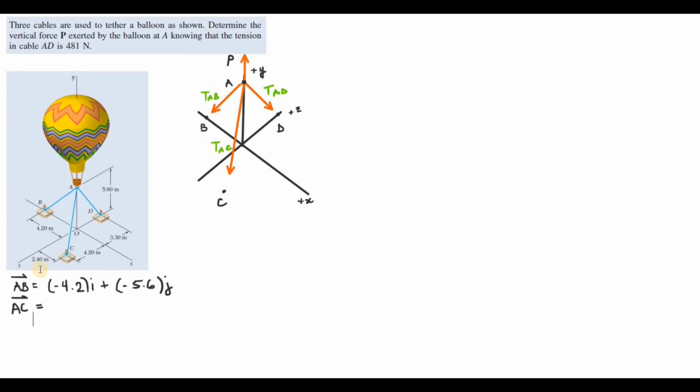From A to C, we have plus 2.4i, minus 5.6j, minus 4.2k. Finally, for AD we have minus 5.6j plus 3.3k.